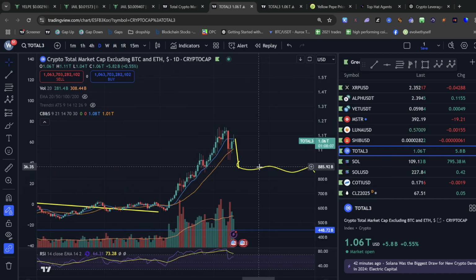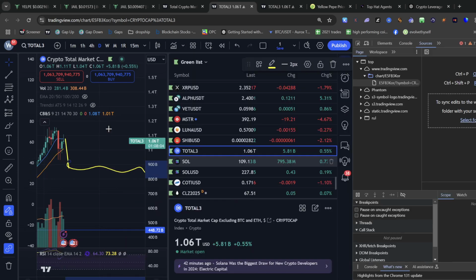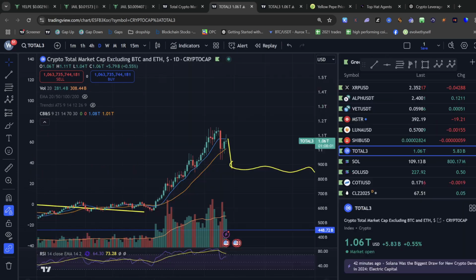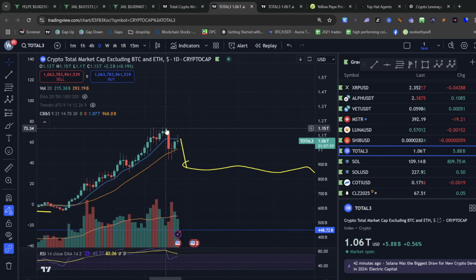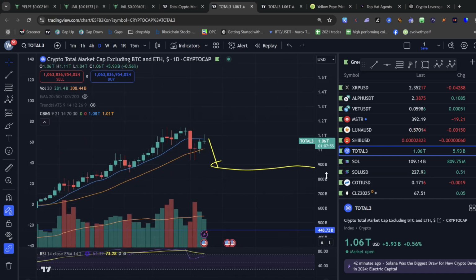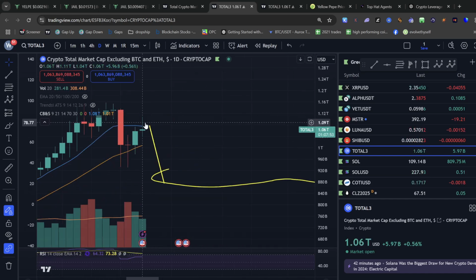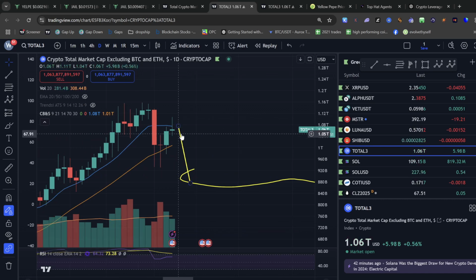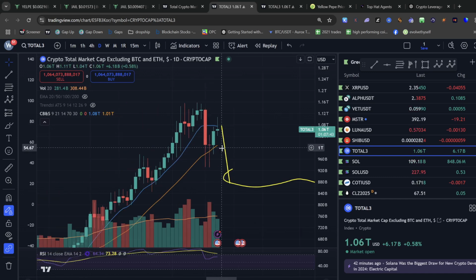And I do think we get another leg down like what we just saw here. In fact, it's the exact same pattern, basically. This is a pin bar or doji, basically, forming right here, and those tend to be reversals. So this is playing out exactly to Elliott waves right here.